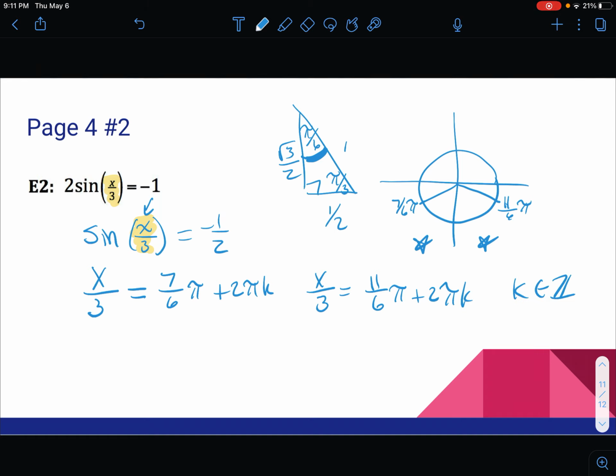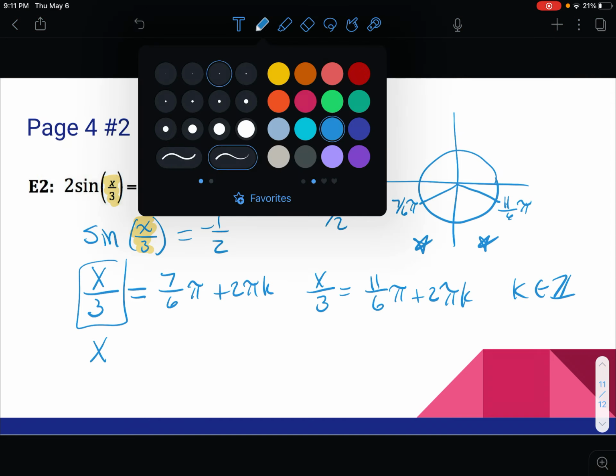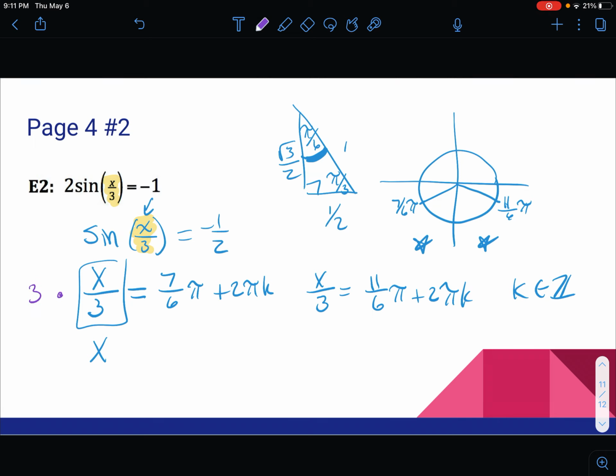Now, how do I get x alone? So this is ultimately what we want. We found out what the angle is equal to, right? We found out what x over 3 is equal to, that angle. But now we want to get what is x. So I'm going to multiply both sides by 3. So we're going to multiply by 3 here and 3 here. You're going to do the same thing here, times 3 times 3.